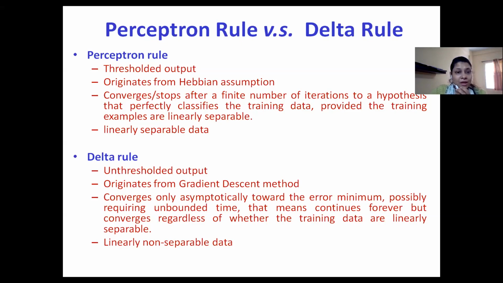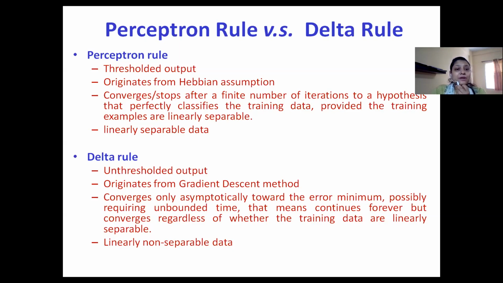So whatever we have come across by learning these two rules, we have obtained that this perceptron rule is a thresholded output, whereas in case of delta rule, we cannot find any kind of threshold value. So this is one difference you can see.